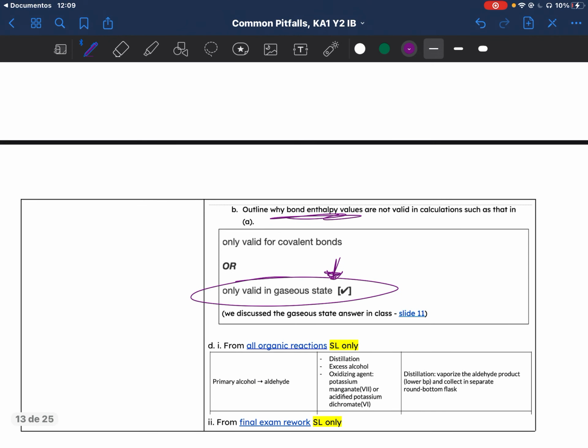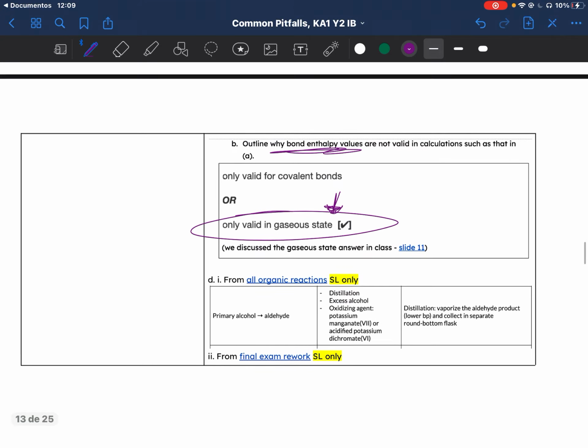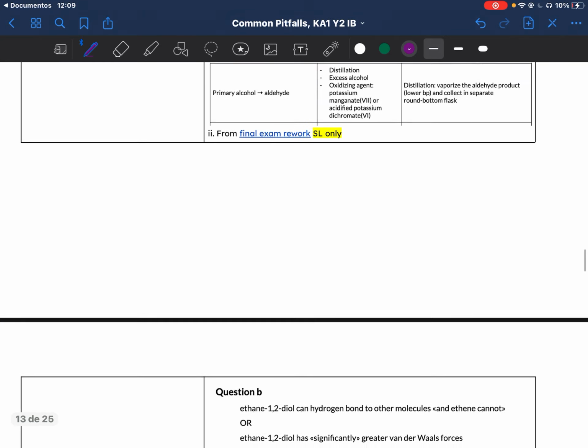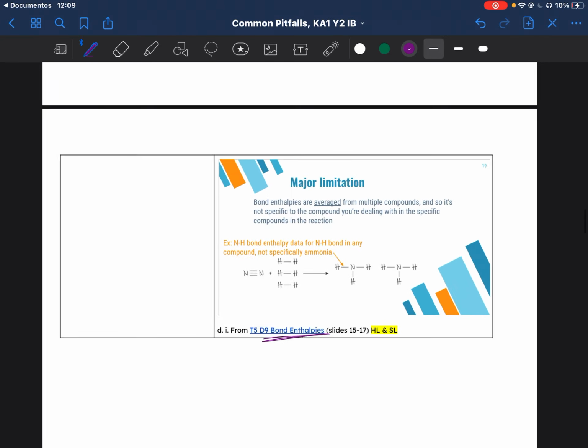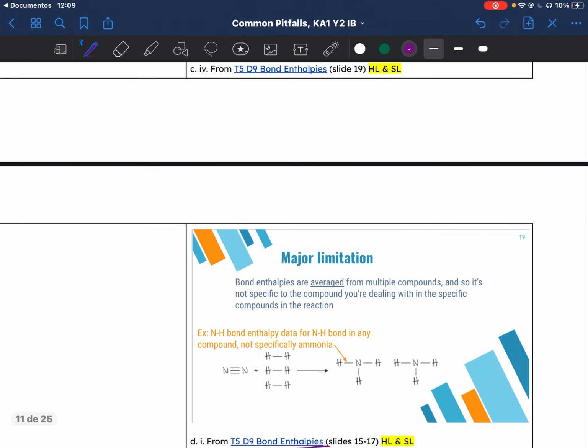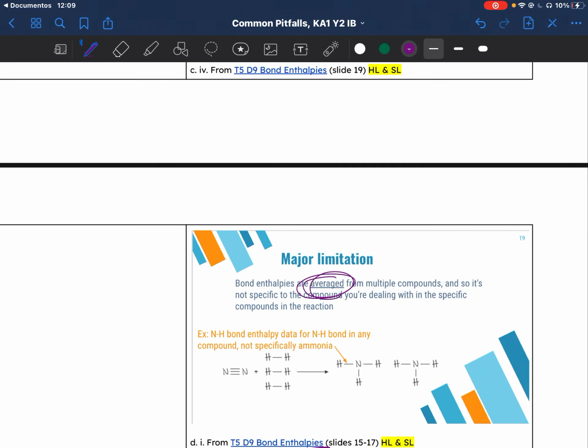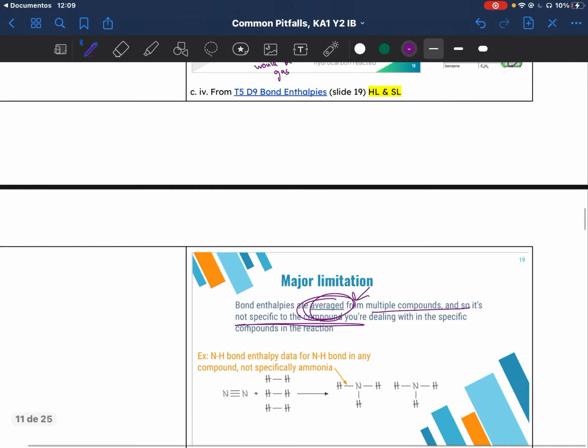Okay. And then outline why bond enthalpy values are not valid in calculations, or outline their limitation. Well, that has to do with the fact that bond enthalpies are averaged for multiple compounds, and so it's not specific to the compound that you're dealing with.